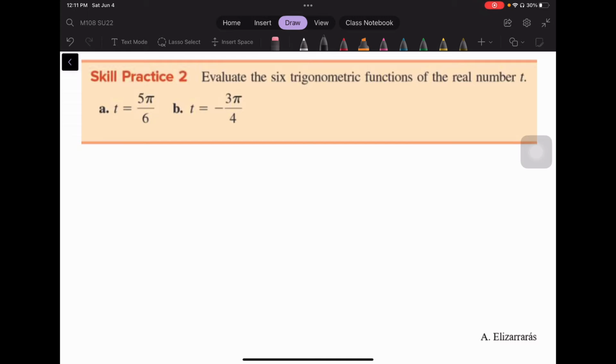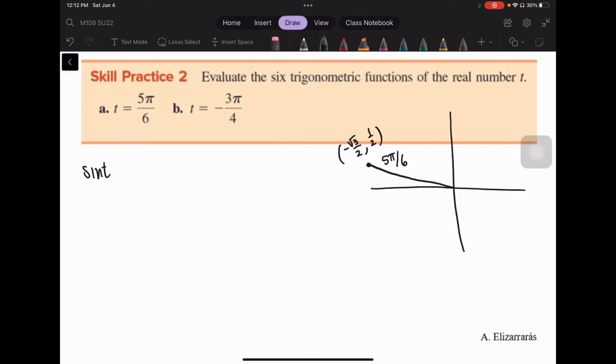Now we're going to evaluate the 6 trigonometric functions for real numbers t equals 5 pi over 6 and t equals negative 3 pi over 4. Using our unit circle, 5 pi over 6 is almost a pi. From the unit circle, 5 pi over 6 has an x value of negative root 3 over 2 and a y value of 1/2. That means that the sine is equal to the y value.